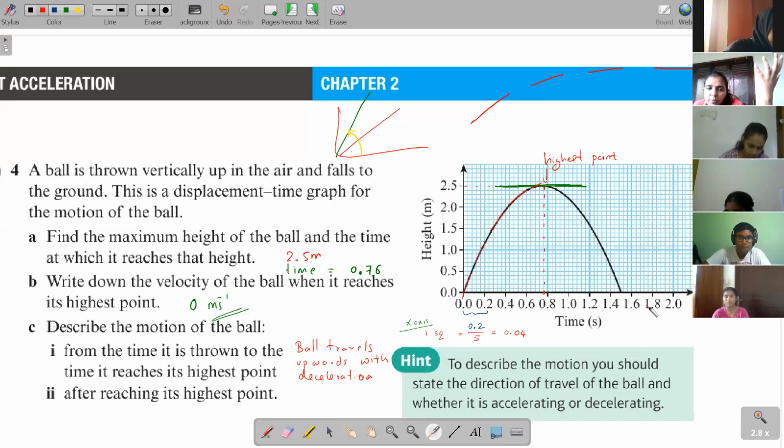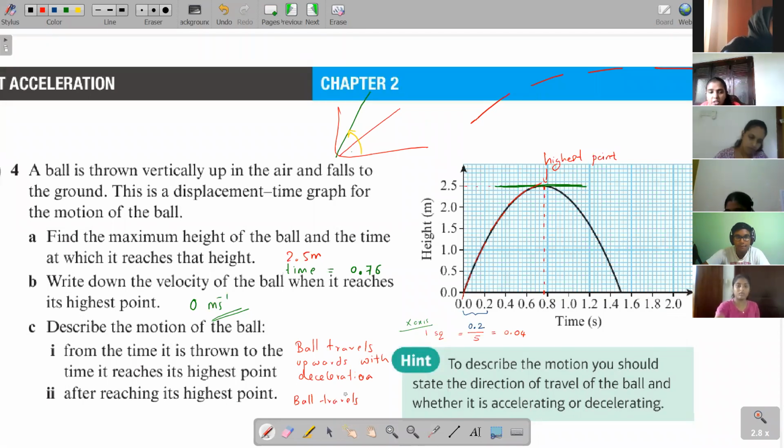Tell me, children, can you all please answer me? So the ball is increasing in speed. You don't even need a graph for this. You can understand that when it's coming down, the ball is increasing in speed, which means it is accelerating. So after reaching the highest point, the ball travels downwards with acceleration.